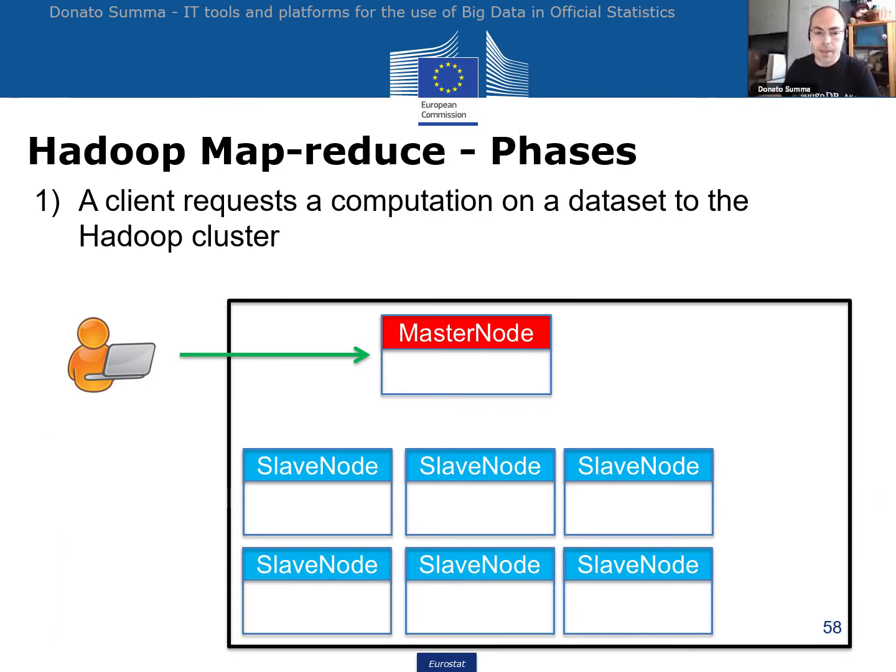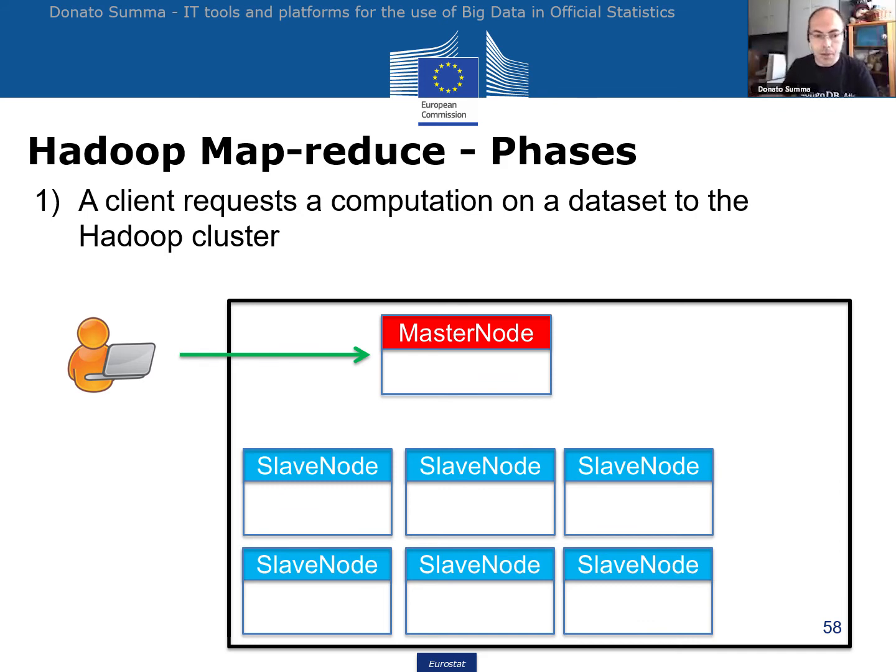But let's see some details about the MapReduce way of doing things. At the beginning, a client requests a computation on a dataset to our Hadoop cluster. The middleware is responsible for redirecting this request to the master node.